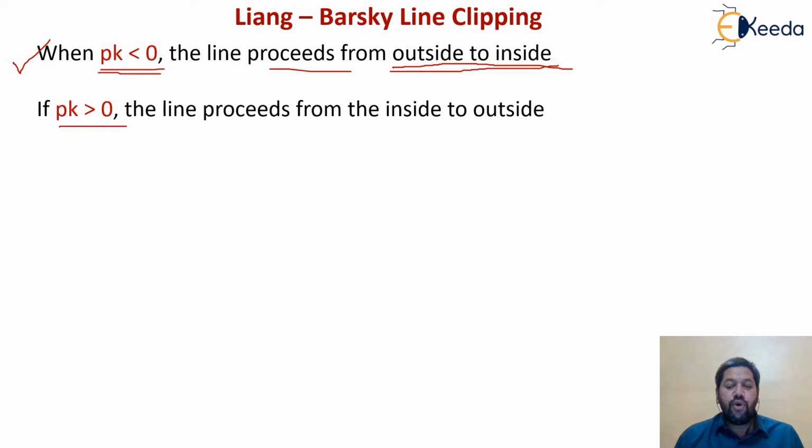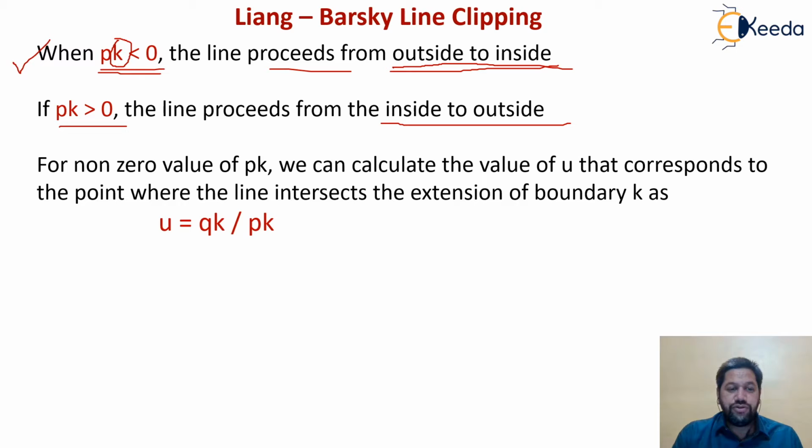So we are considering all 4 edges. This pk indicates that I have to consider this for all the edges. Now if pk is greater than 0, the line proceeds from inside to outside. So these are the conditions that we are considering.